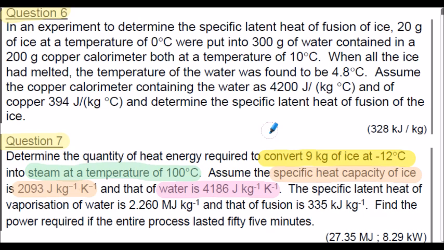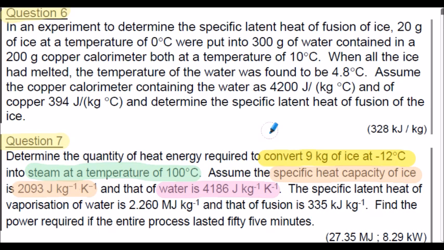So I say a slight twist here because we will have to work out the energy required to raise 9 kilograms of ice at minus 12 degrees C to 0 degrees C, so that's an MC delta T problem. Then we've got the change of state from ice to water, that's a latent heat problem. Then we've got to change water at 0 degrees C to water at 100 degrees C, so another MC delta T problem.